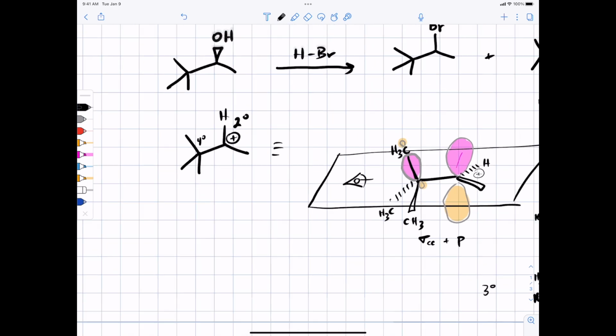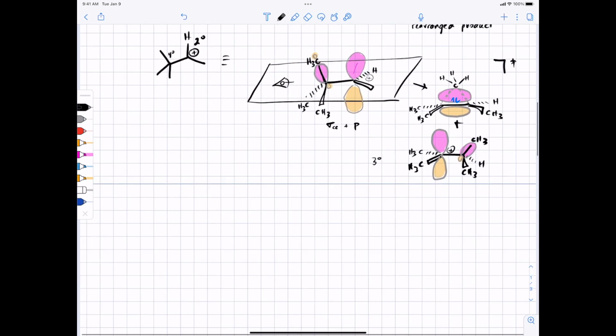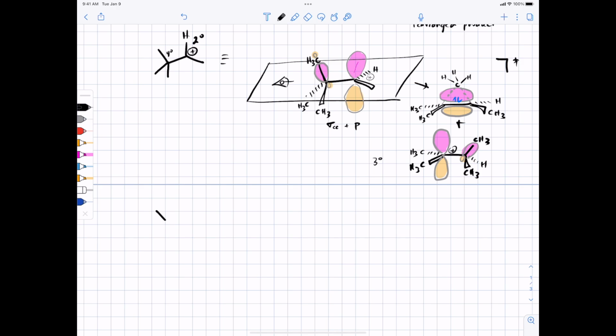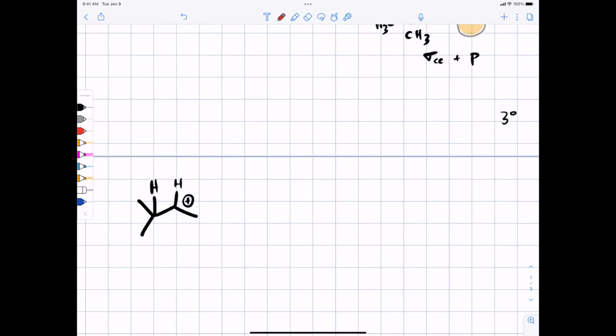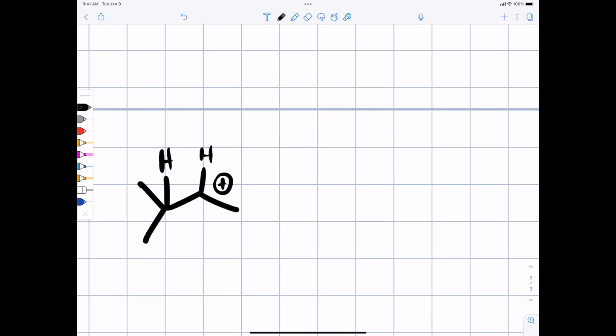So watch for that. Another situation where you can get carbocation rearrangement would be if you had a tertiary carbon adjacent to a secondary carbocation. Then the same sort of thing can happen. Let's see, tertiary carbon, secondary carbocation. You've learned that the proton that's beta to the positive charge is already hyperconjugating into that empty p orbital.